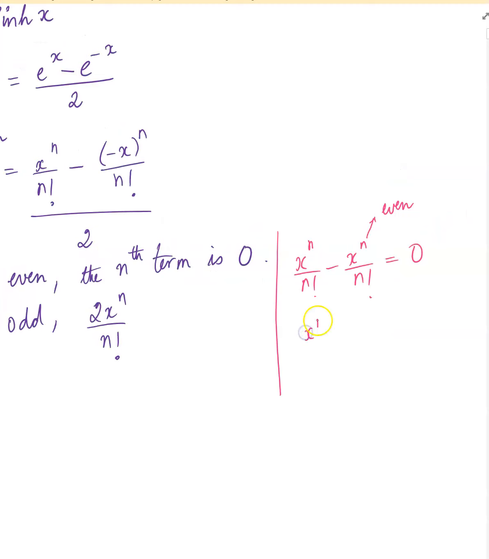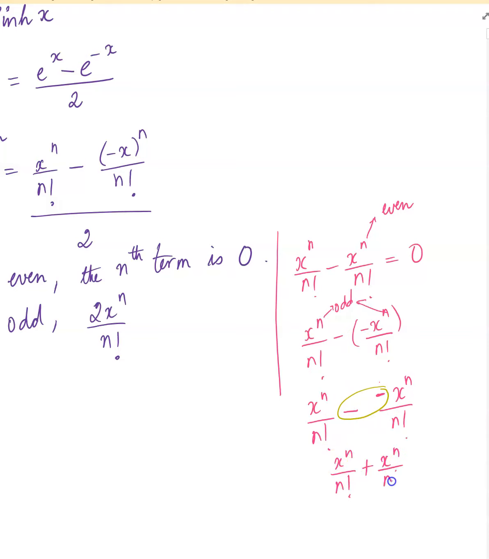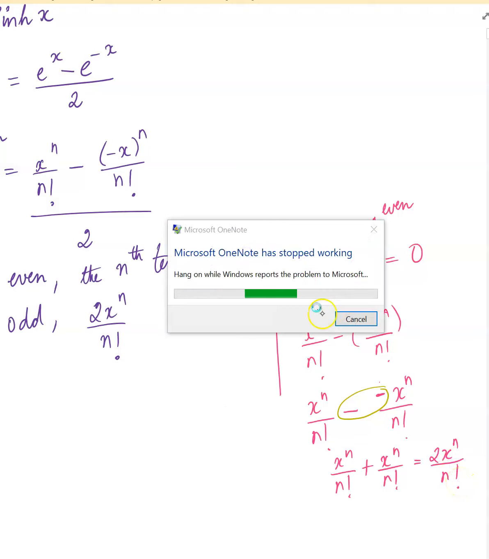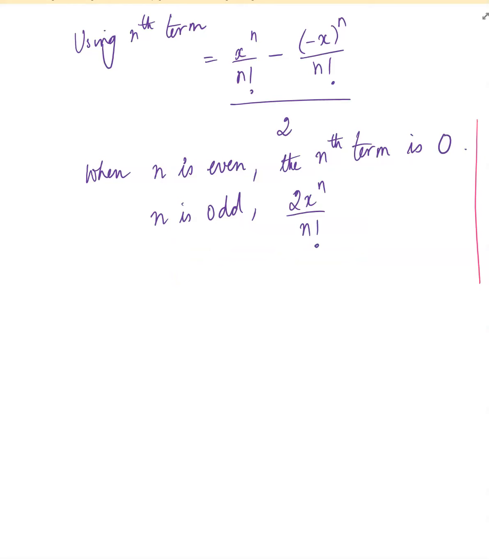So when you have x power n over n factorial minus negative x power n over n factorial, when n is odd, what happens is this x power n over n factorial minus, and then there is a minus x power n over n factorial, and these two will combine. That is how you get x power n over n factorial plus x power n over n factorial, giving us 2x power n over n factorial. Okay, that's a side explanation for you. Well, we need some drama for the last lecture, isn't it? So let's enjoy it.